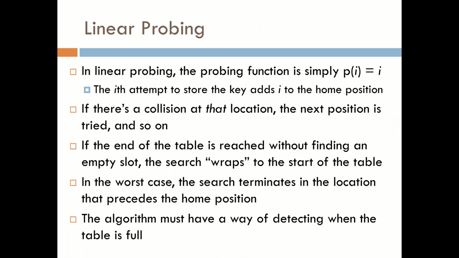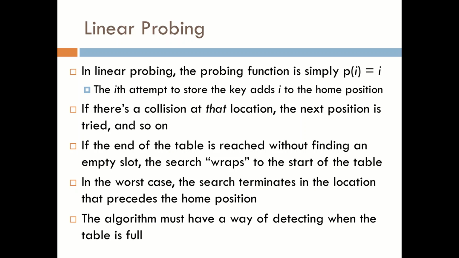So with linear probing, to keep things simple, the probing function is just going to be that the ith probe is i. So the ith attempt to store the key in the table simply adds i to the home position.